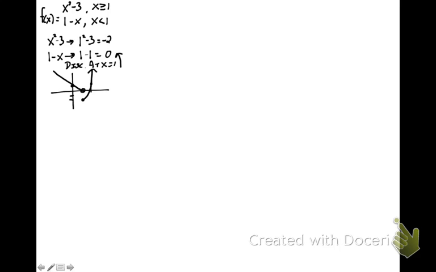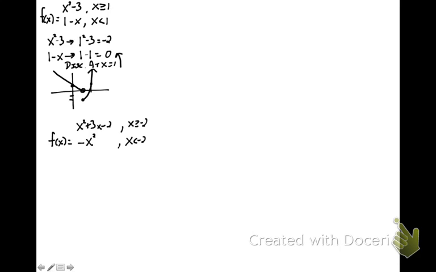Let's contrast that with a different piecewise function. F of x equals x squared plus 3x minus 2 and negative x squared. It's the first when x is greater than or equal to negative 2, and the second whenever x is less than negative 2.